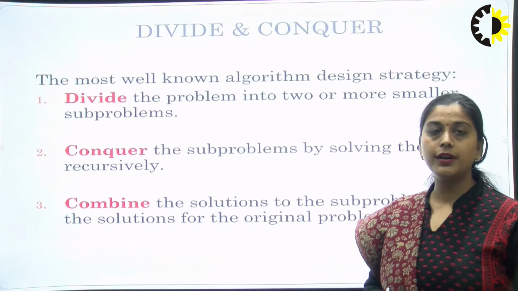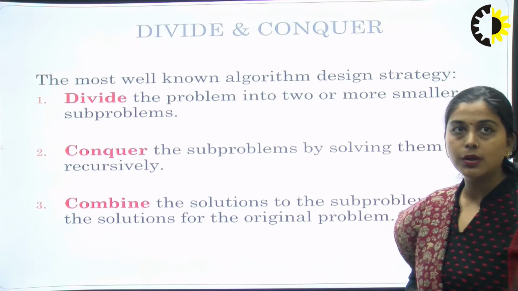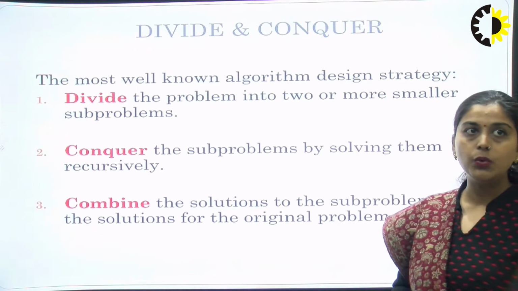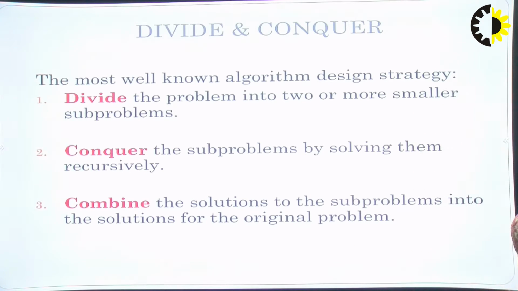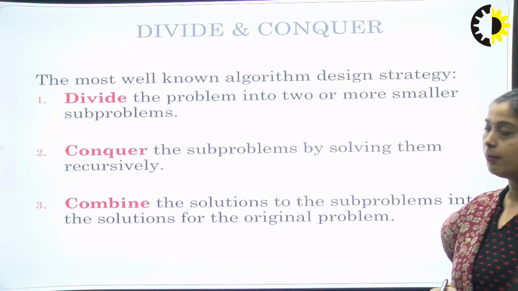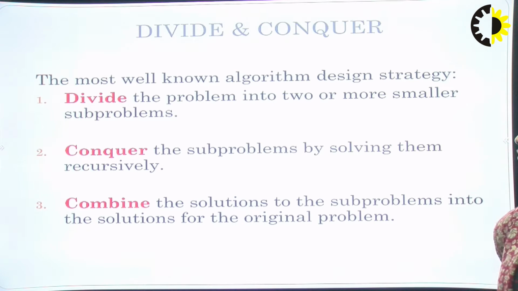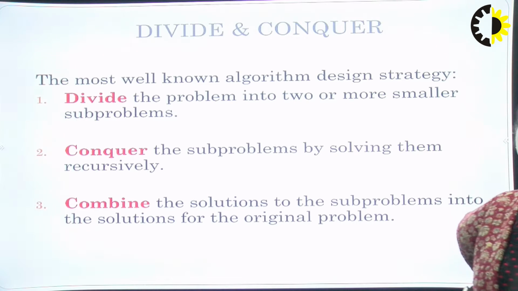So what is the divide approach? The problem is divided into two or more smaller parts, and conquering means solving the sub problems recursively, and then combining. What is combining? Combining the solutions to the sub problems into the solution for the original problem.